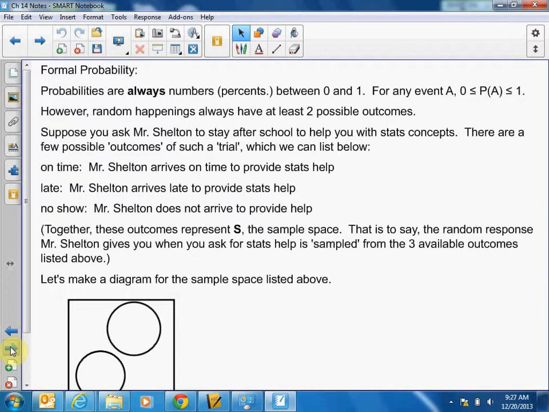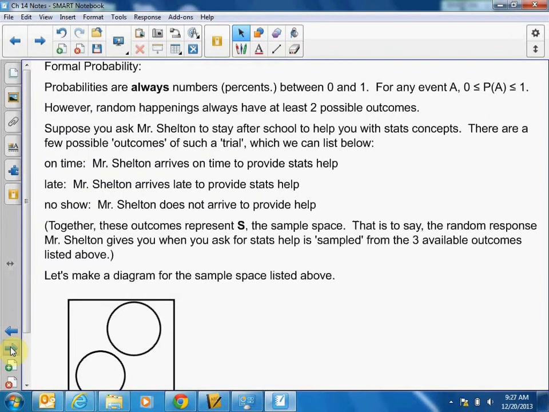For any event A, we write the probability of A between 0 and 1 usually like this. Let's say the event A is you smoking a cigarette after taking a test.